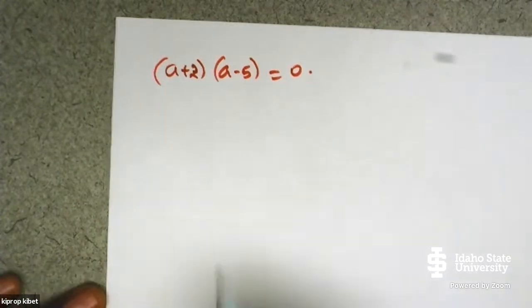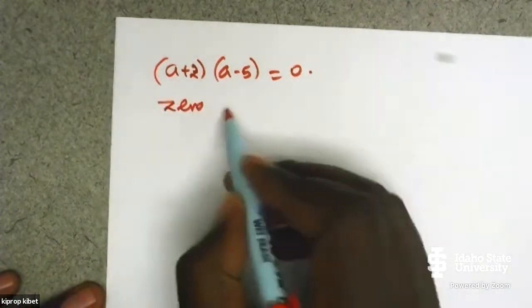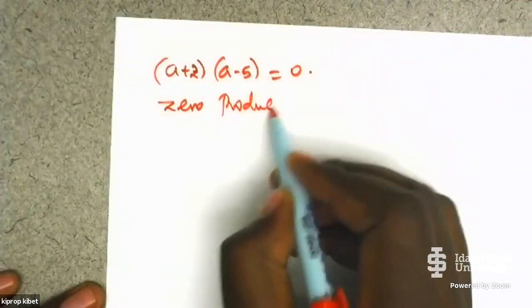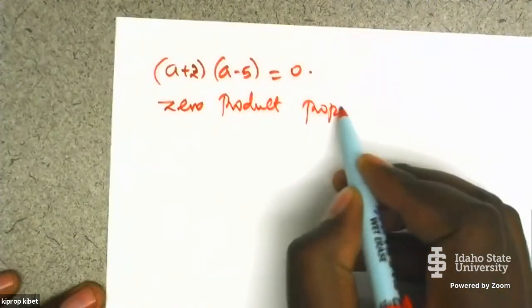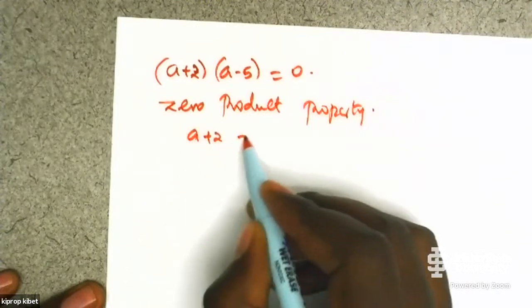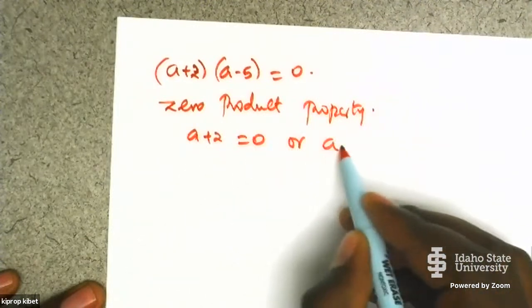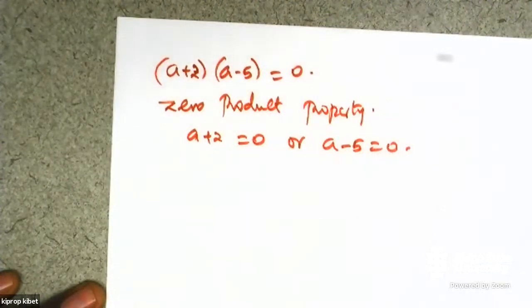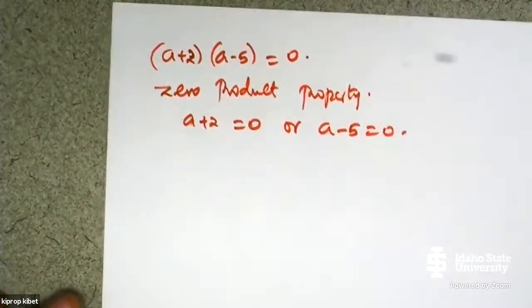So now using the zero product property, then A + 2 equals 0, or A - 5 equals 0.